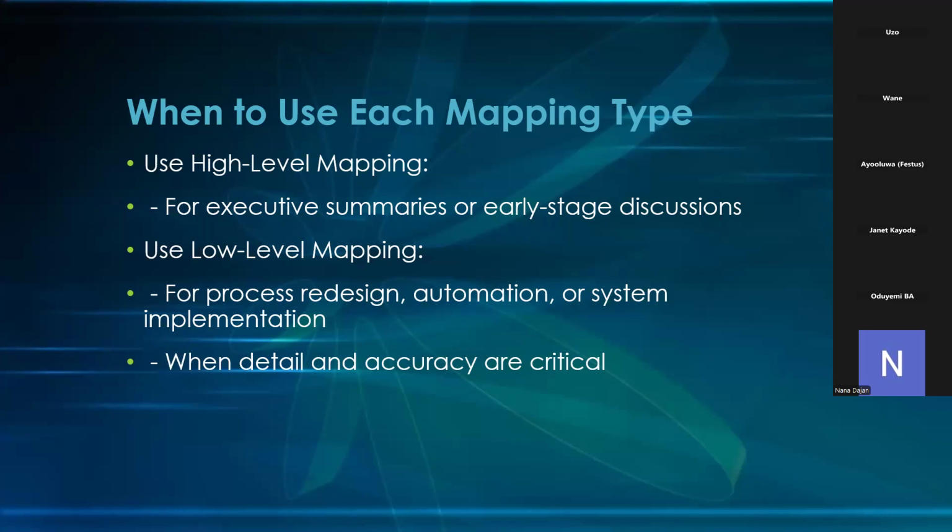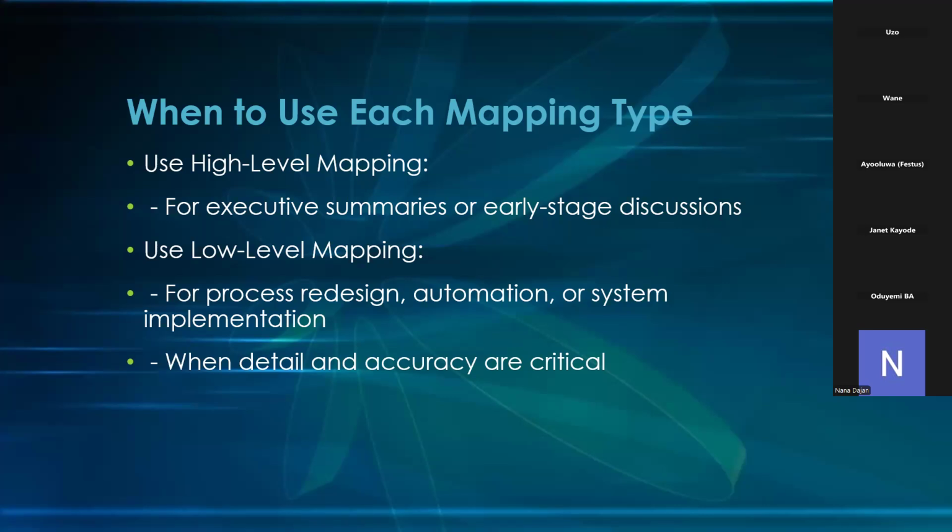Low level is for the process redesign and automation. Low level is also very good for documentation in your backend, your repository, so that anybody that comes on the project can see the details that go into interacting with the process of this project.